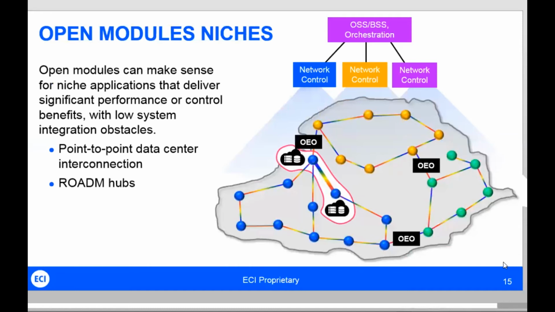When you're talking about DCI connection, sometimes you could be getting into the 10s or 20s of wavelengths. So the expense that's associated with transponder and receiver pairs is something that you need to start considering a bit more. Another application which I pointed out here is ROADM hubs.